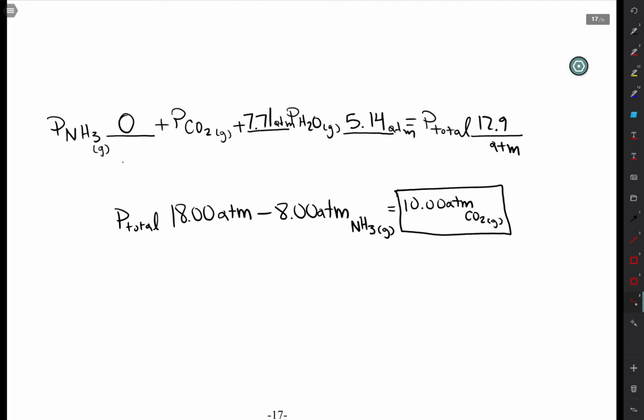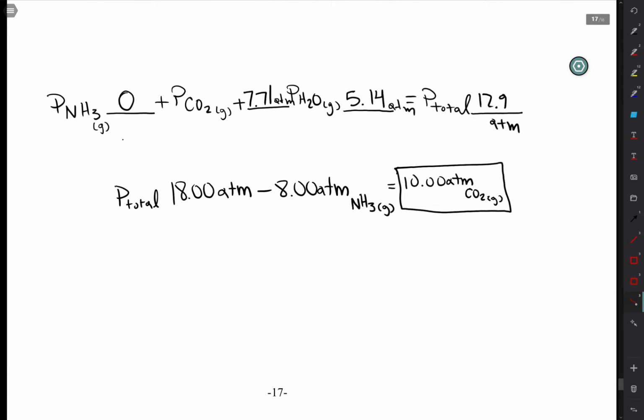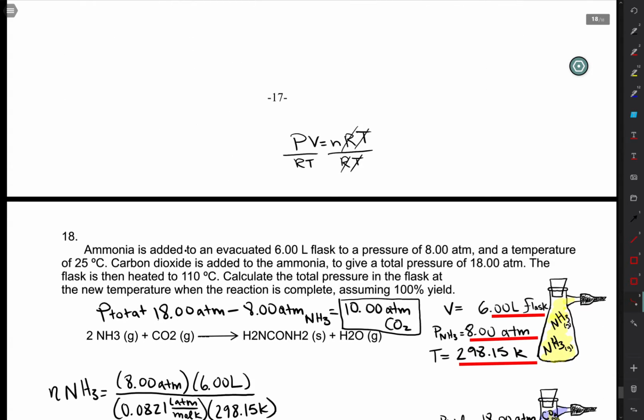For H2O gas, I have 5.148 atmospheric pressure. When we add all this up together, we get the total pressure, which would be 12.9 atmospheric pressure. And this is what they were asking for: the total pressure of the flask at the new temperature when the reaction is complete. And that's how we solve this problem.